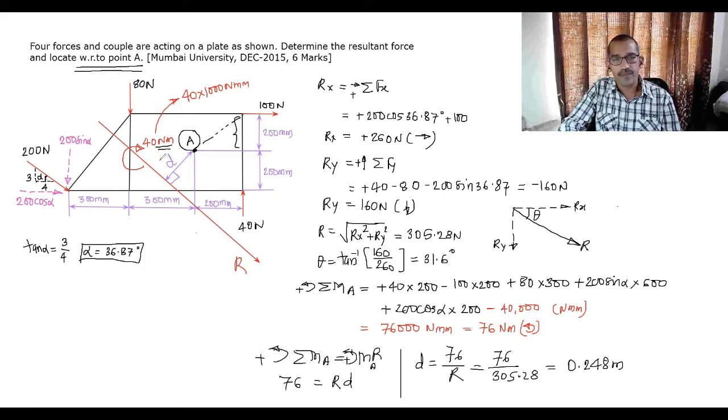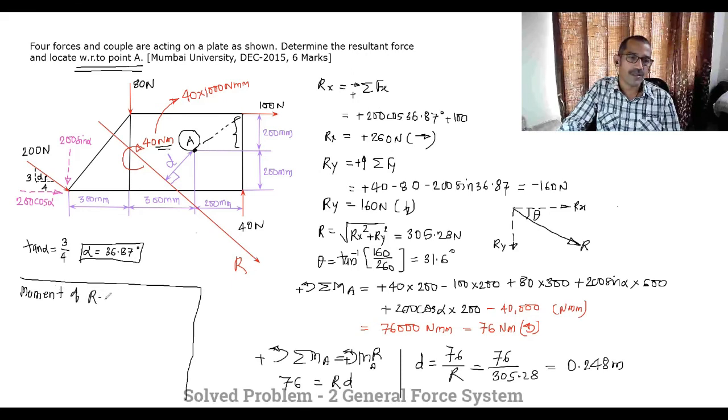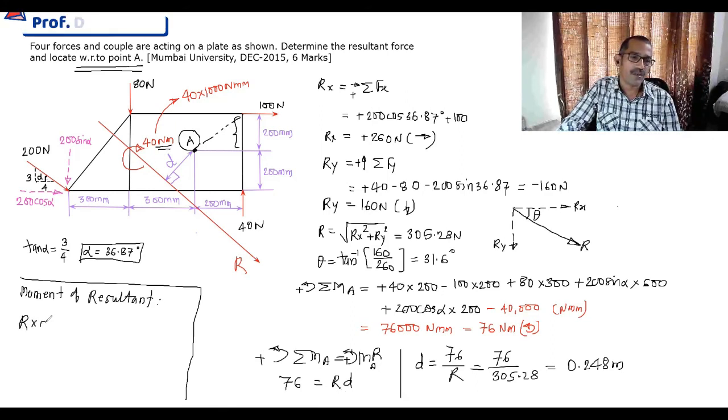In the previous problem, the first problem from the general force system, X and Y were asked, so you can find X, Y. In general, the moment of the resultant can be written in three ways. The simplest way is magnitude and perpendicular distance.